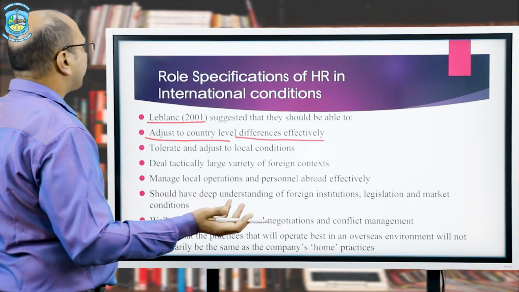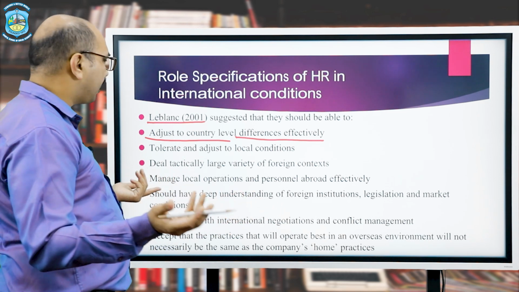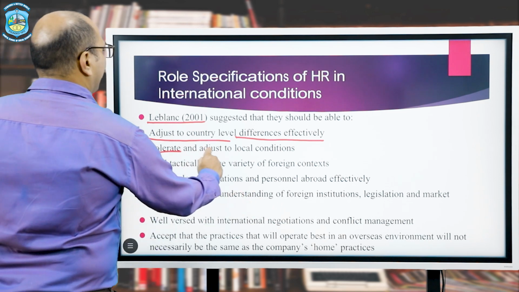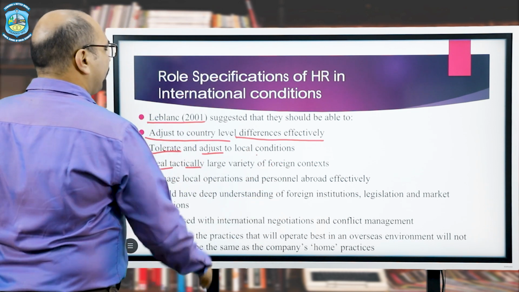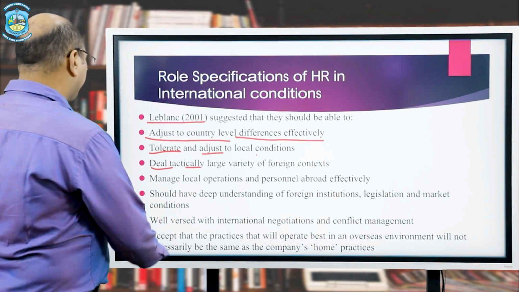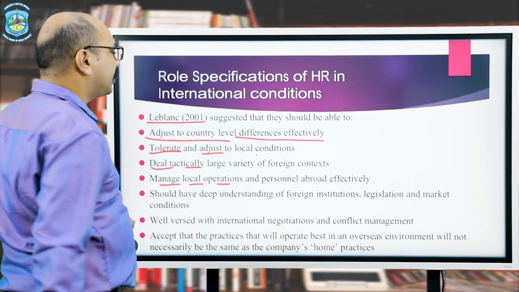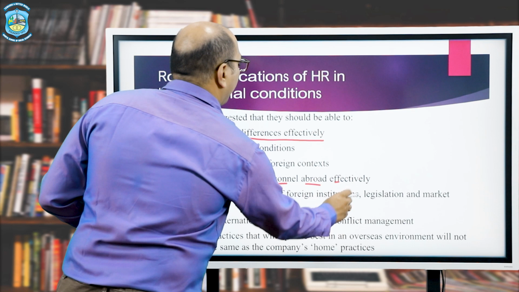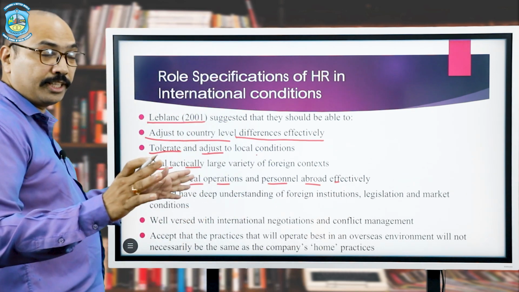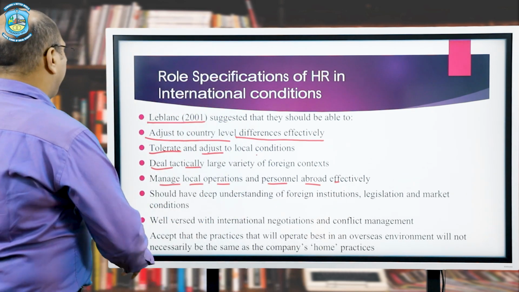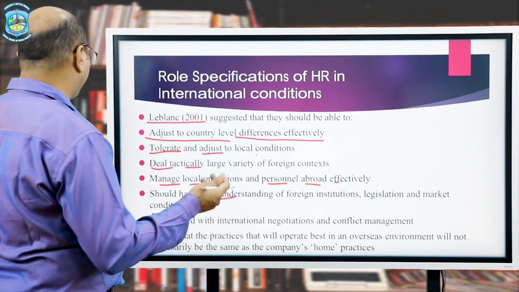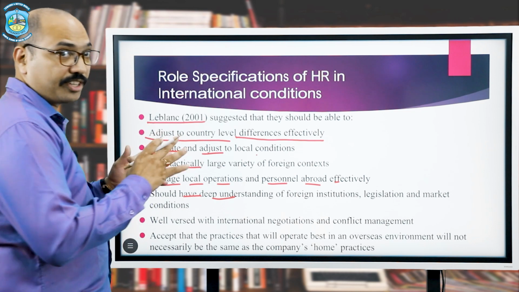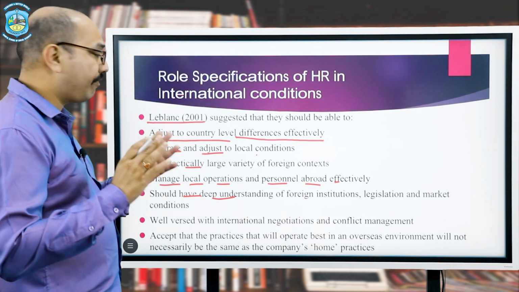Second thing, international HR should tolerate and adjust to local conditions. It should deal tactically with a large variety of foreign contexts. It should manage local operations and personnel abroad effectively. So again, the local global dilemma. And it should have deep understanding of foreign institutions, foreign legislations, market conditions, etc. So otherwise international HR will fail.